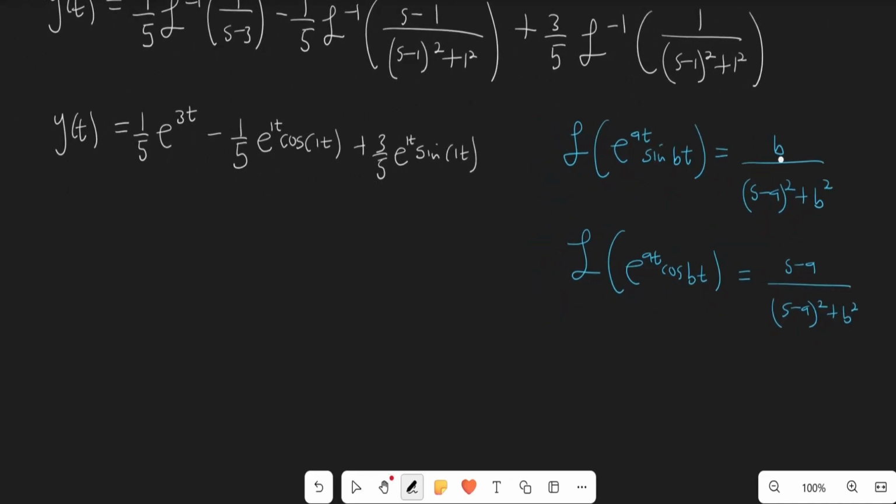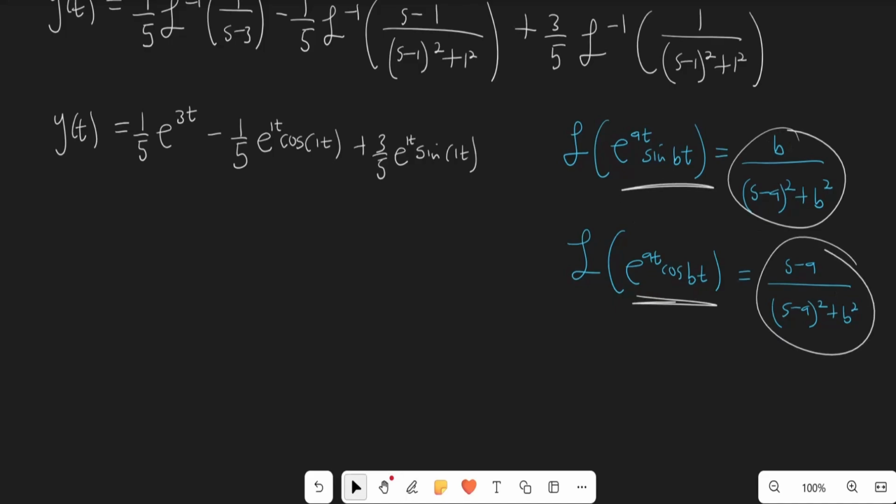So the Laplace inverse of these will return these functions here. The solution to the differential equation is this: 1 over 5 e to the 3t minus 1 over 5, right? This is e to the t times cosine of t, plus 3 over 5, and this is e to the t multiplied by sine of t.